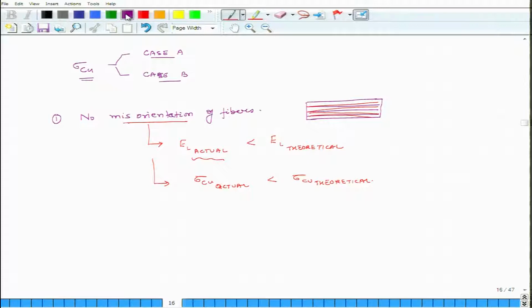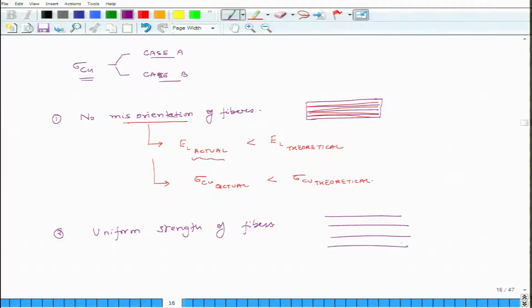The second thing we assumed was that all fibers have uniform strength. What does uniform strength mean? It means that if you take 10 different fibers individually and pull them, they will break at the same stress level.